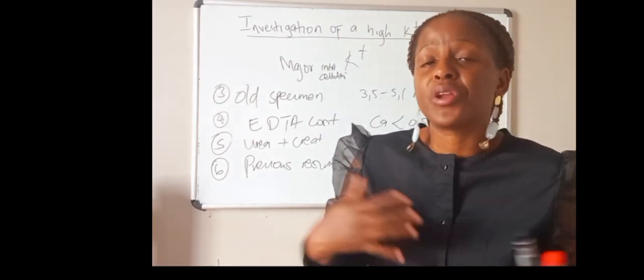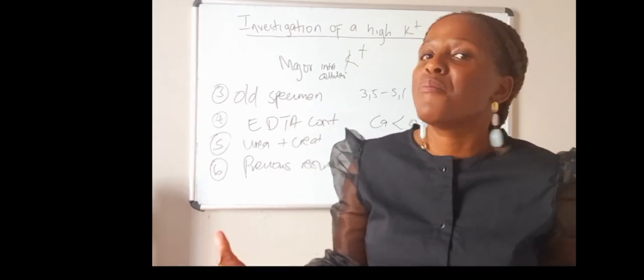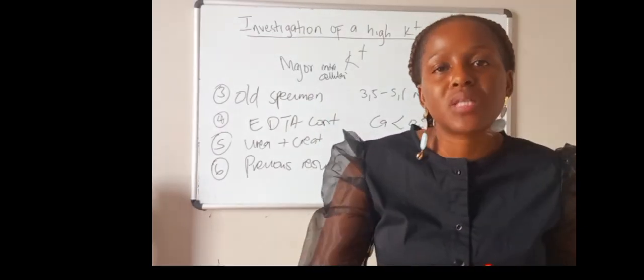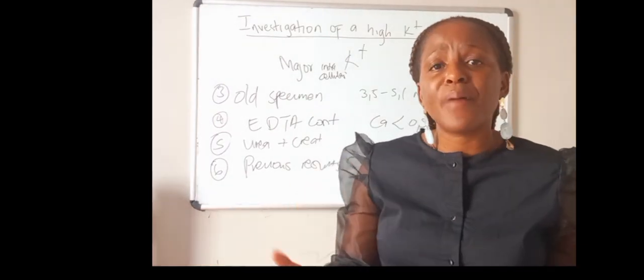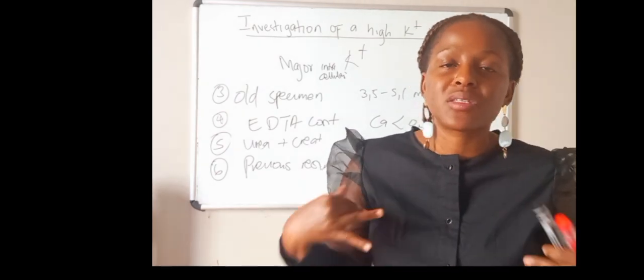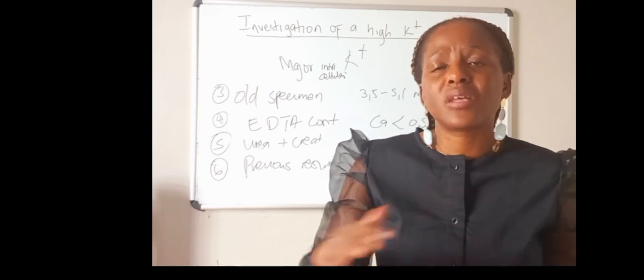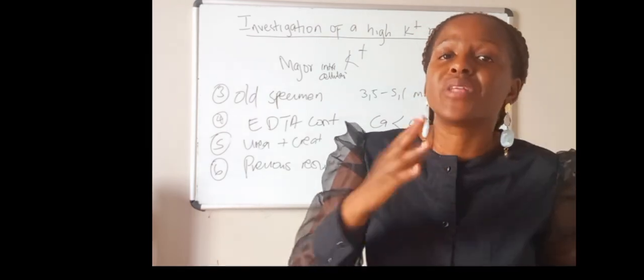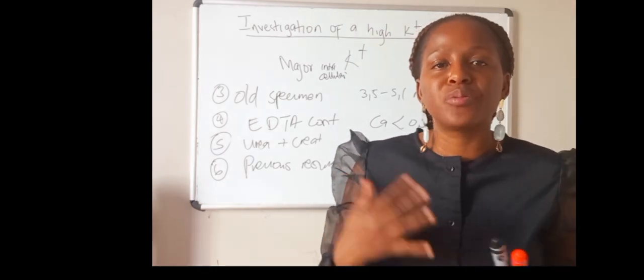Some labs put in a comment, especially if the sample is not grossly hemolyzed, telling the doctor to treat the result with reserve because the sample was hemolyzed. Some don't report that result at all, and you have to get a rebleed, a fresh sample, for running it. With an old specimen, usually it's a no-go area. If it's old, there has to be a rebleed. But follow your own lab's protocol.